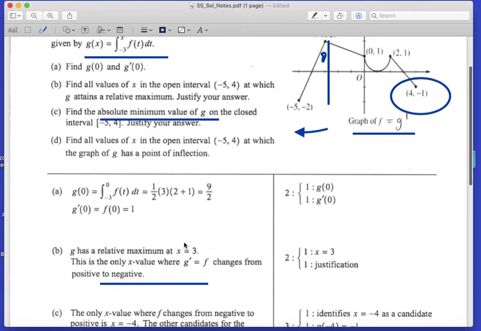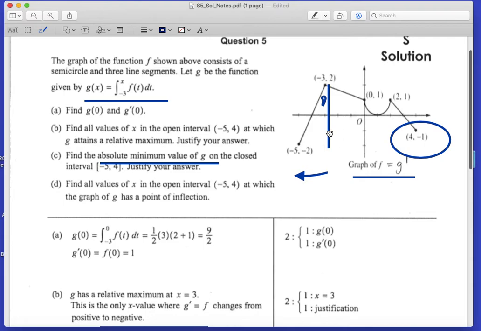And finally, g of 4, that's the area all the way from -3 out to 4. Well, you can compute it, or you can argue that this really is a positive area. In fact, these two areas right here add to 0, and the rest of this area is positive.